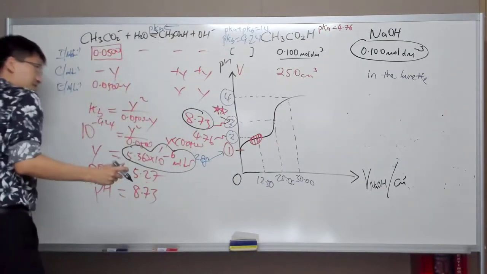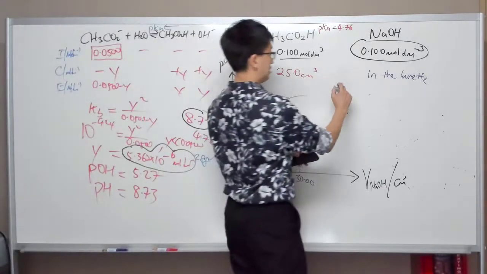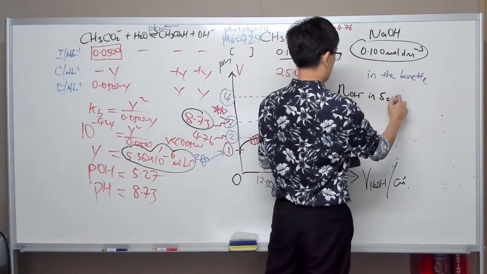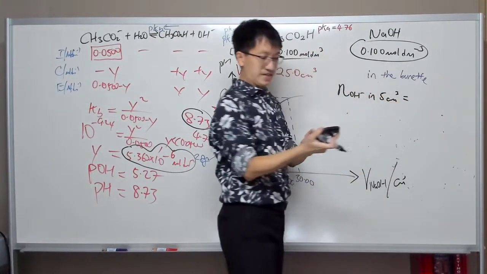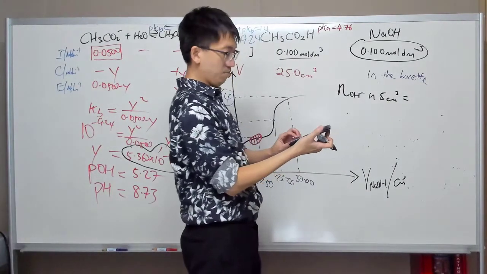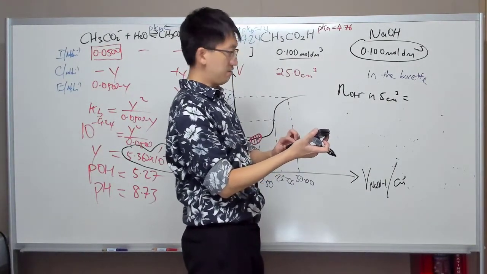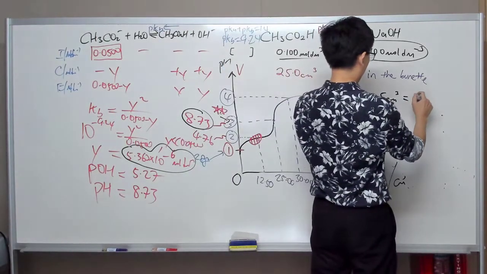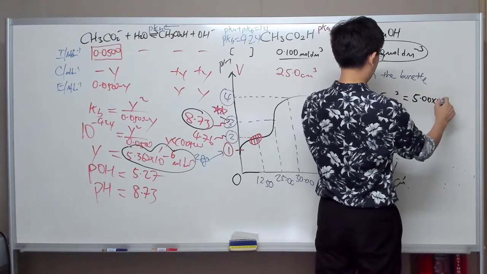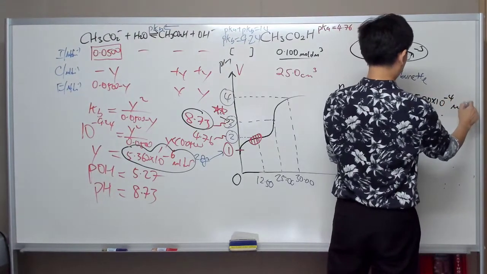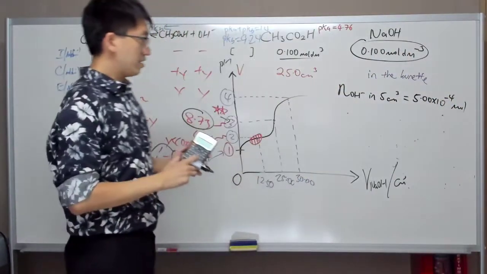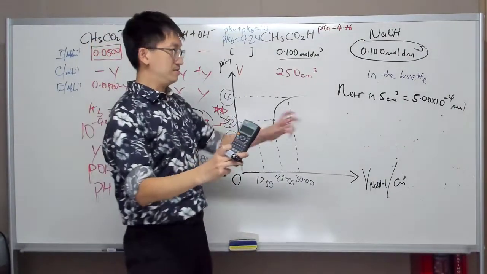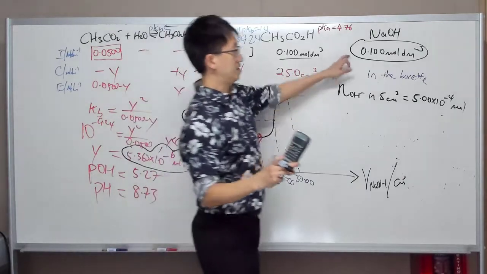So we can calculate the number of moles of sodium hydroxide in 5 cubic centimeters. We can easily do the scaling. That's 0.1 divided by 1000 times 5, so that will be 5.00 times 10 to the power of minus 4. This is in moles, the amount of OH minus in 5 cubic centimeters of the added sodium hydroxide.